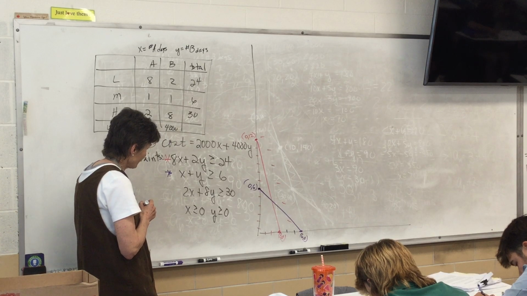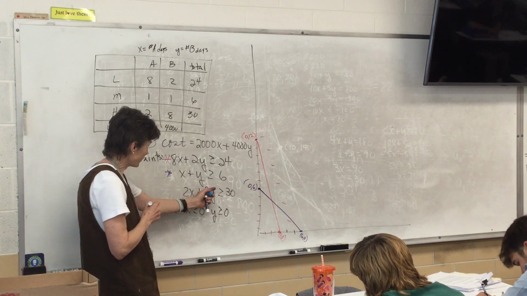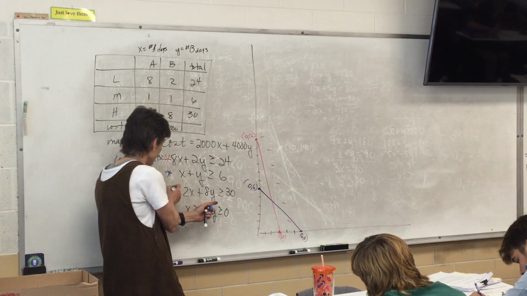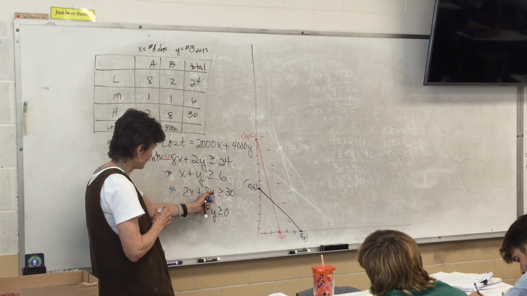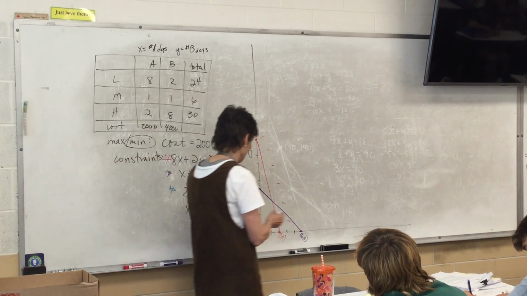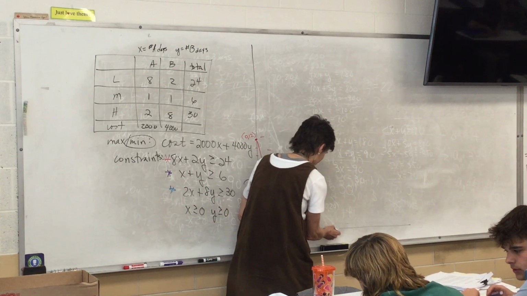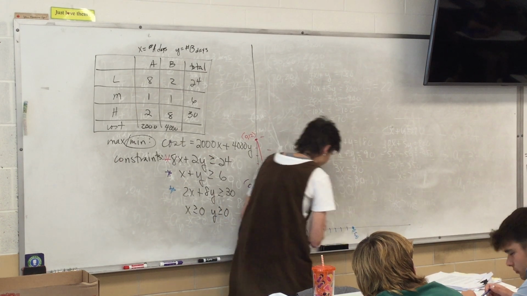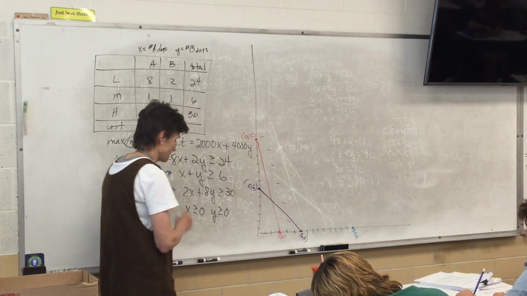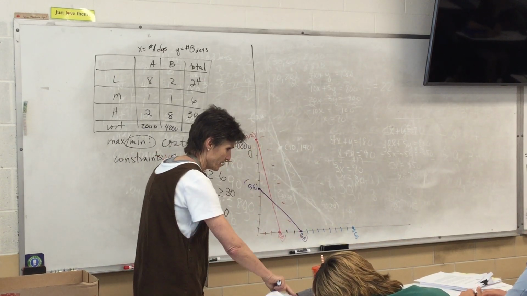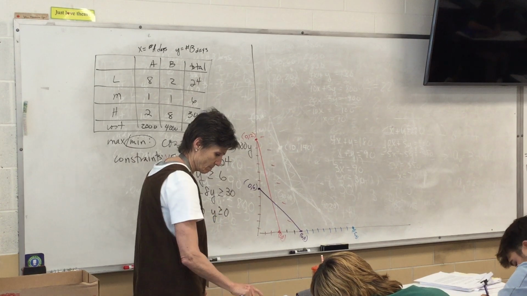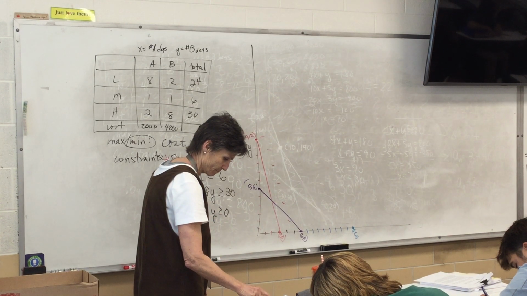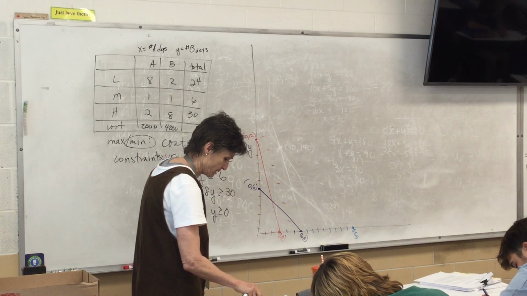All right. And then let's see, it looks like my x-intercept for my blue equation is 15. And my y-intercept is, what's 30 divided by 8? 3.75. Yep, 3.75.